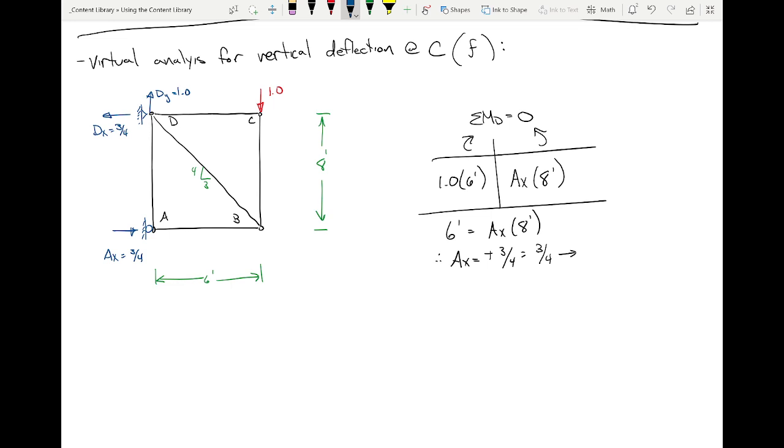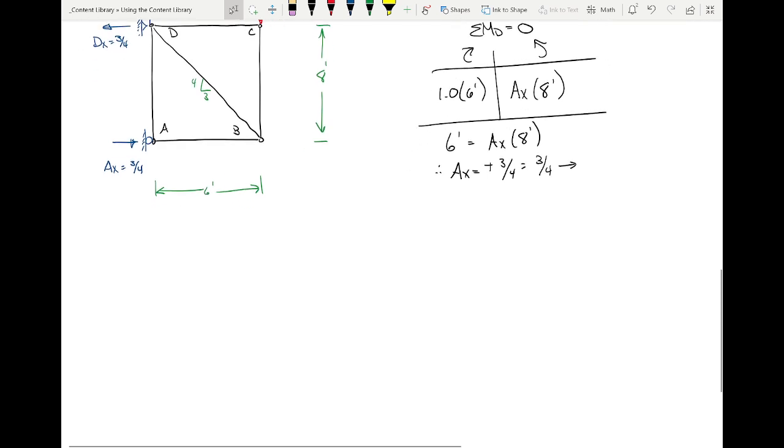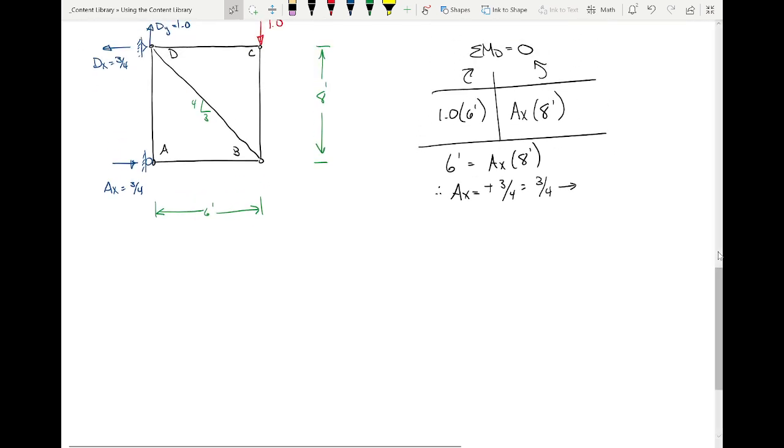Okay. So we're going to do the same thing we did before. Take this, do a big old method of joints analysis. So now I'm going to do that blow up again. All right, hold on. There we go. Let's do that blow up again.